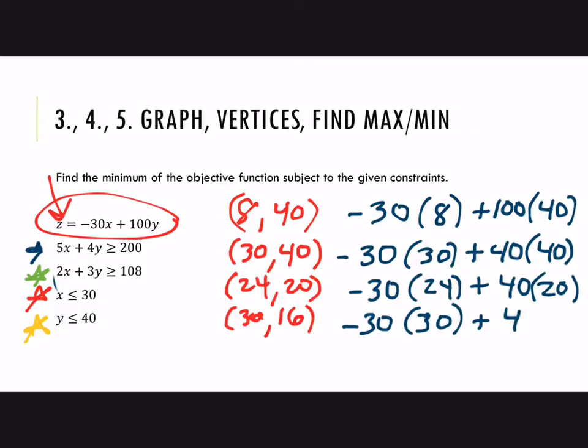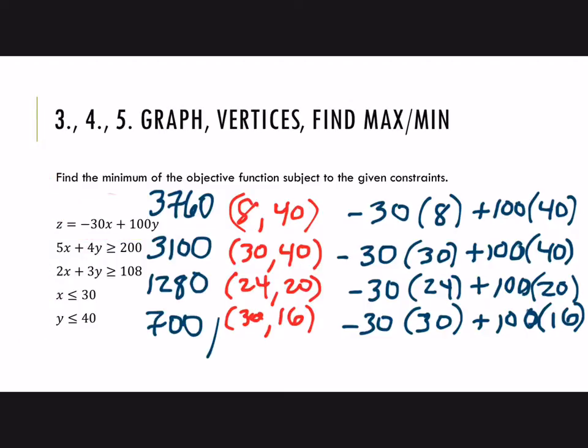Okay, 40 times 16. Those should be hundreds. Okay, going too fast here. So here are all of the z-values that I'm getting. And the goal here is to find the minimum, so I just want to look through and find the smallest one. So the minimum value would be z equals 700.